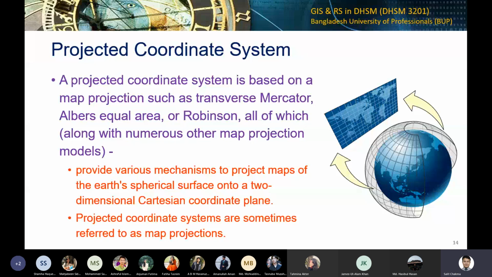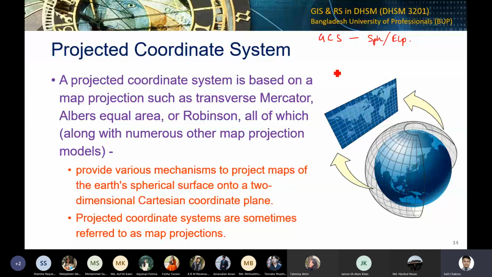So far, what we have discussed is the geographic coordinate system. GCS, the geographic coordinate system, is a three-dimensional coordinate system, and it has a few elements. We say that GCS represents Earth as spherical or ellipsoidal.